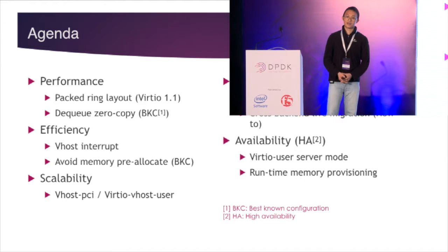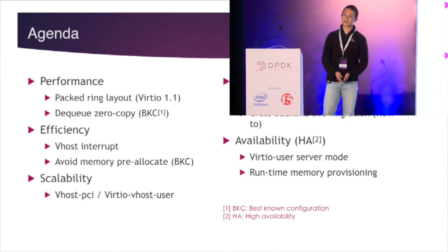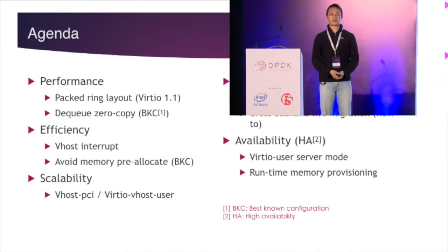It's also been widely used for virtual switching, and it can be used for acceleration, like we mentioned in the FPGA part. The spec is also evolving, because previously Virtio had two specs, 0.95 and 1.0.